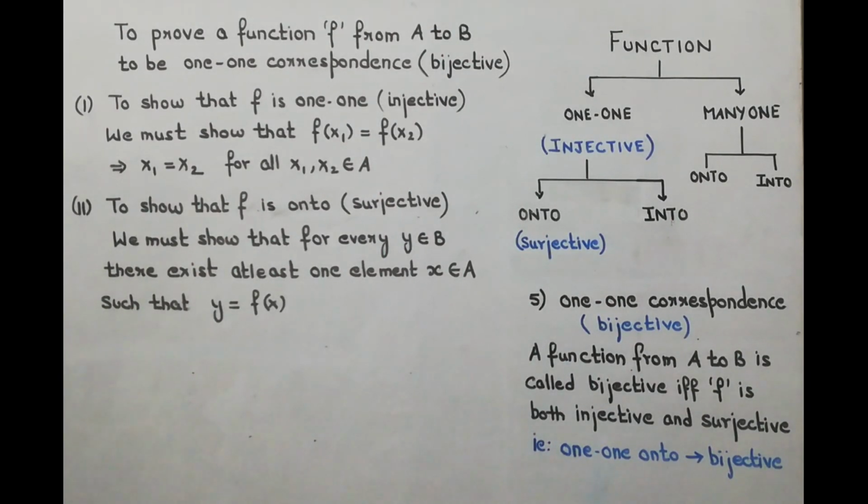That means each and every element of codomain has to be shown having a pre-image in the domain. So these are the 2 points which we will be following to show a function to be bijective.